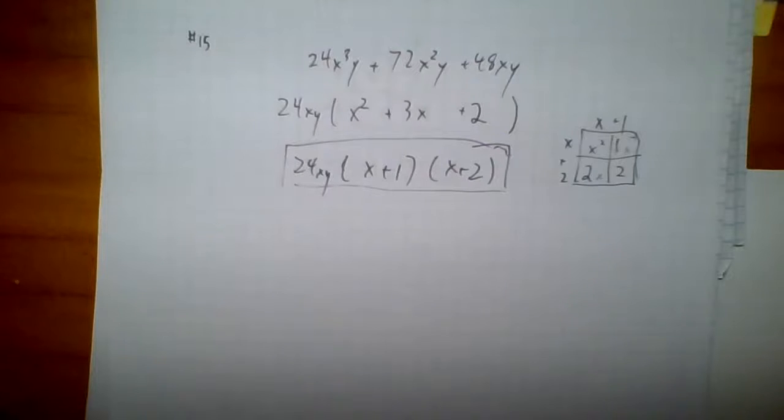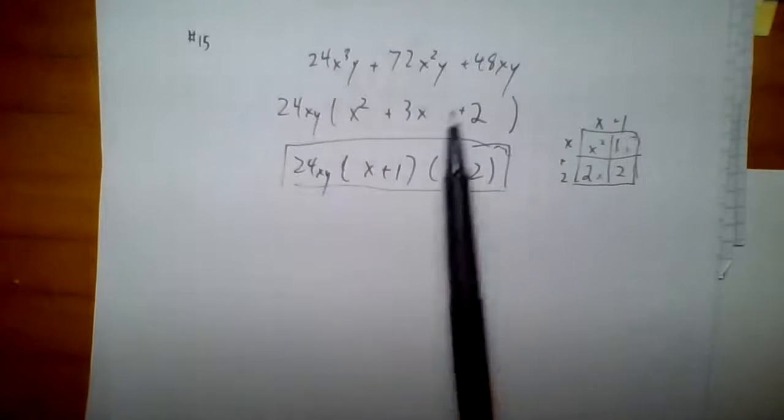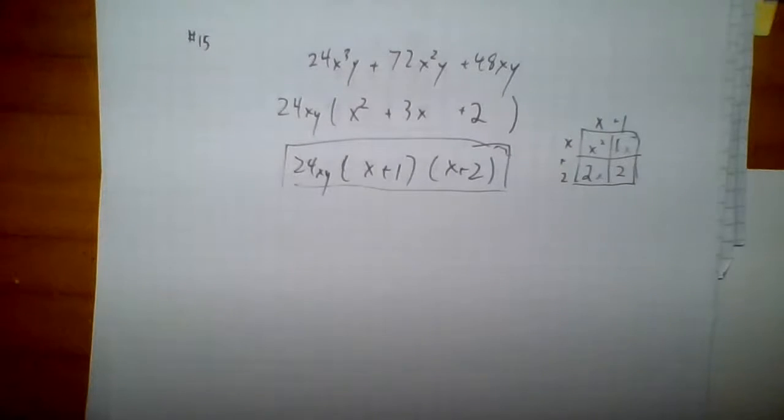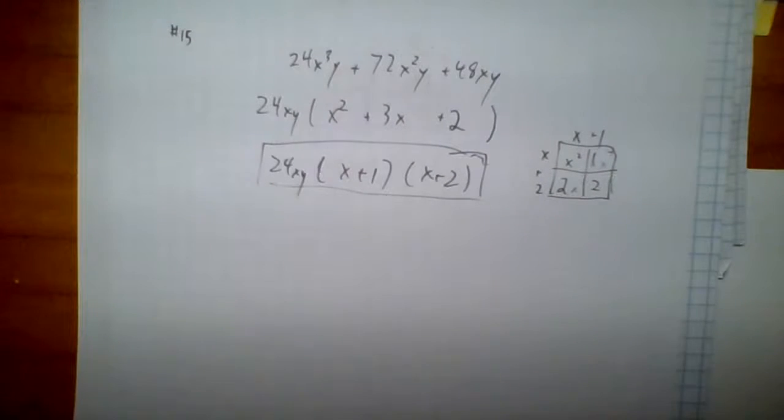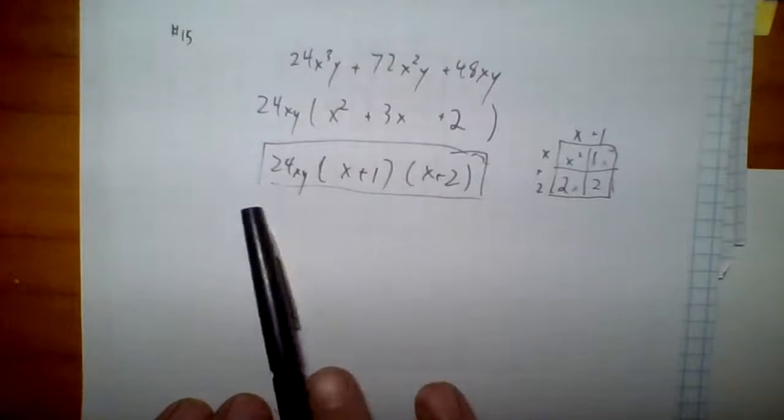And what they have in the answer key, if you multiply it out, comes out to this thing, but it's not completely factored because they pulled out a common factor, but they didn't pull out the greatest common factor on that. So 24xy is what should have been factored out, and then it's easy factoring from there, but this is the complete answer.